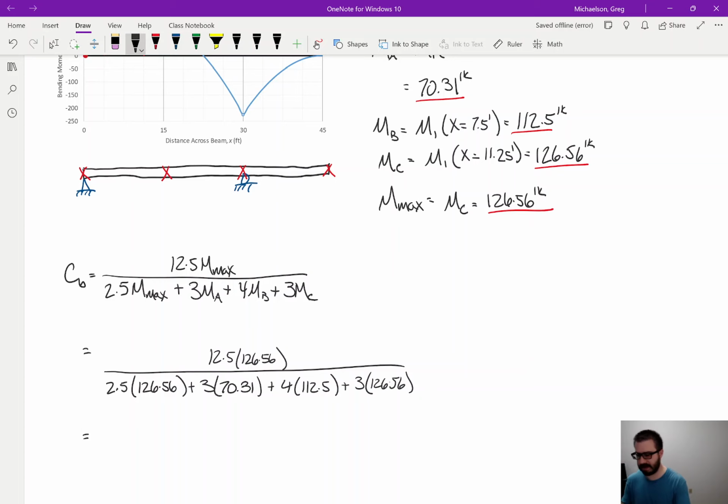Okay, so let's see what I got here. So let's do a big old fraction. Okay, let's make sure I got all my inputs right.